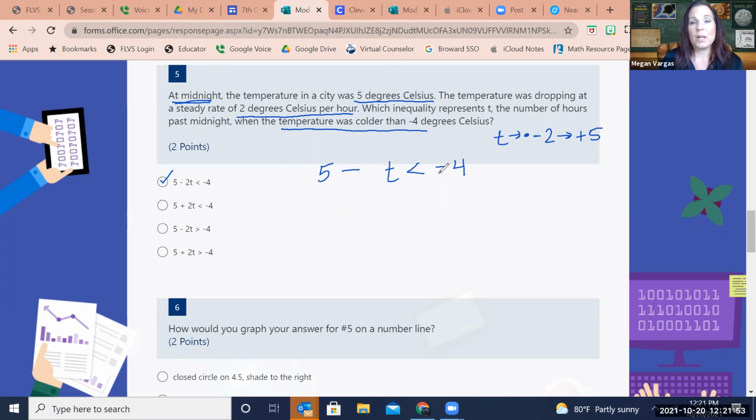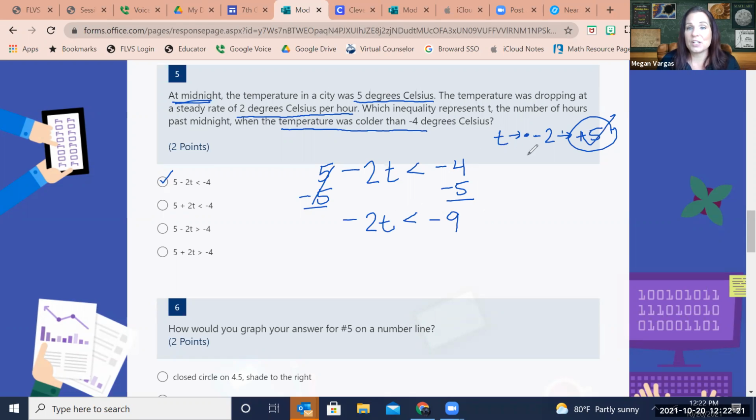So when I go backwards and undo, the first thing I have to undo is +5. So I -5. I get -2t is less than -9. -4 minus 5 is the same as -4 plus -5. So I get -9.